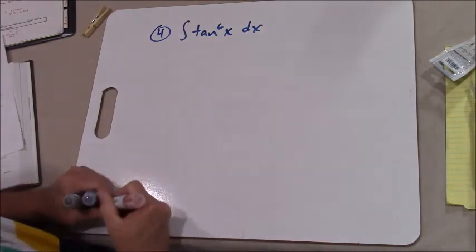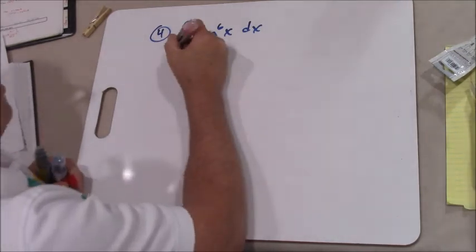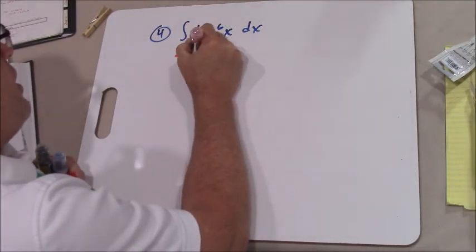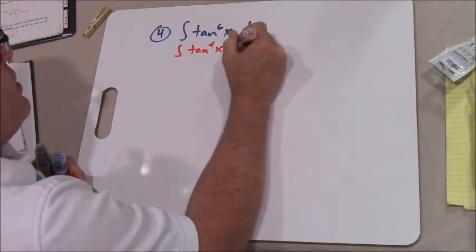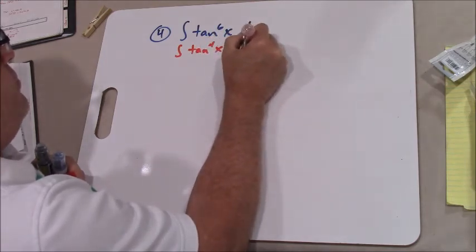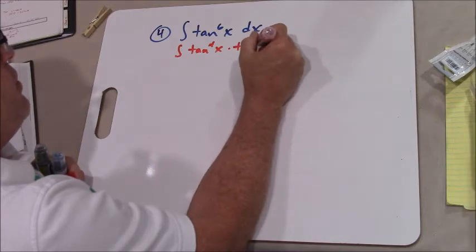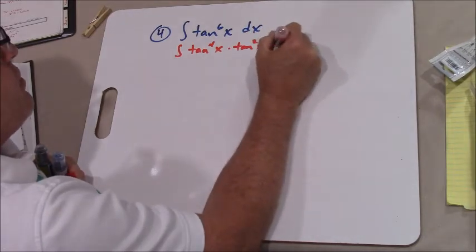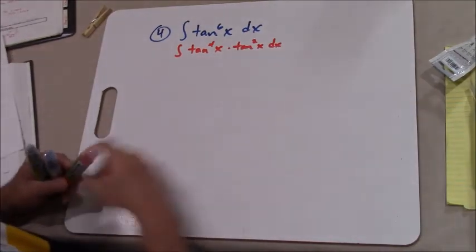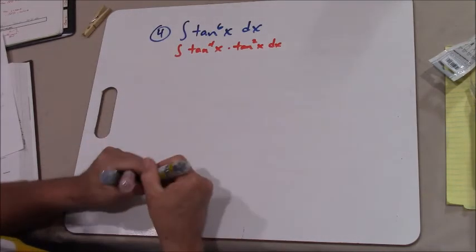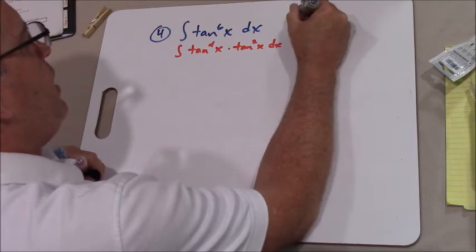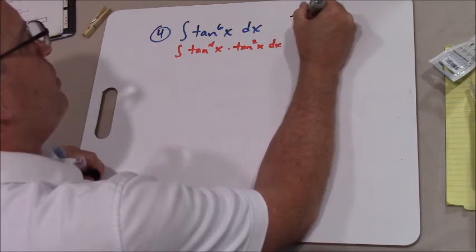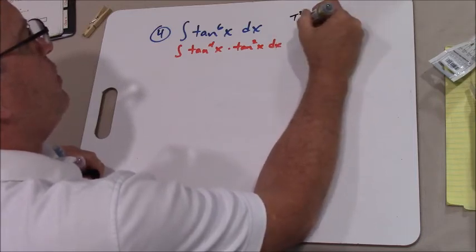So I think what I would do is I would probably call this the integral of a tangent to the 4th of x times a tangent squared of x dx. And then I would go ahead and change this using a Pythagorean identity, and we'll see what happens. So again, we know tangent squared plus 1 equals secant squared.